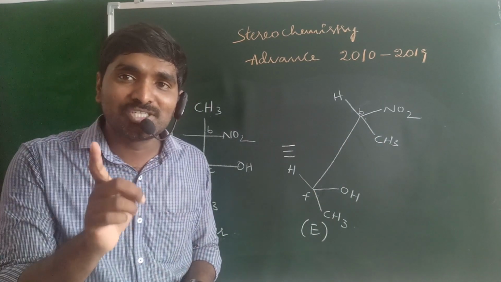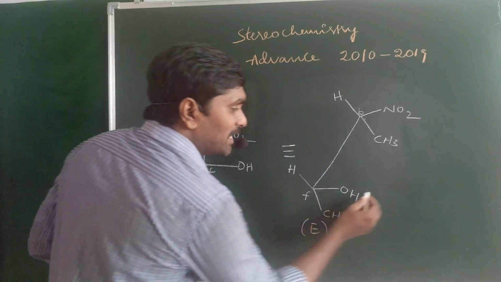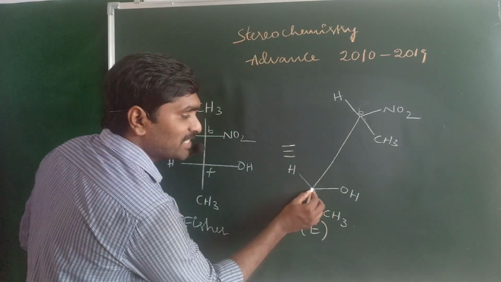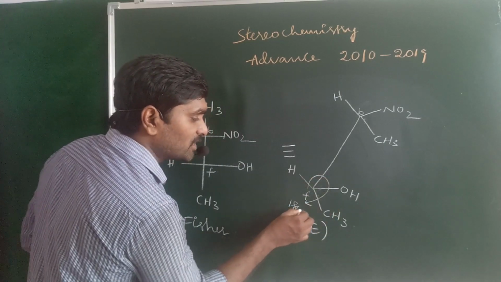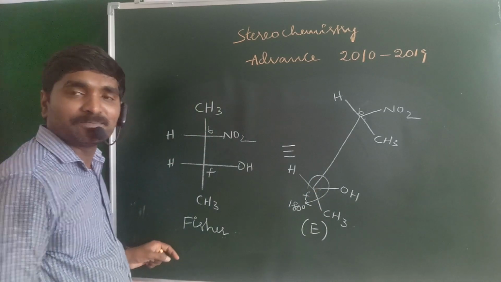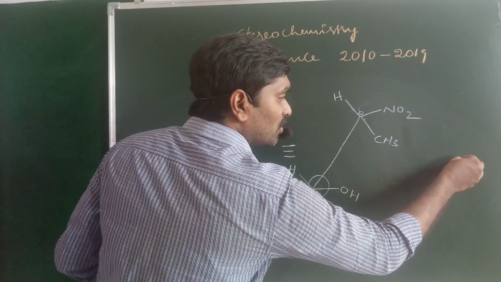So you do only one change. I'll rotate the front side carbon by about 180 degrees, and you will get the staggered conformation.